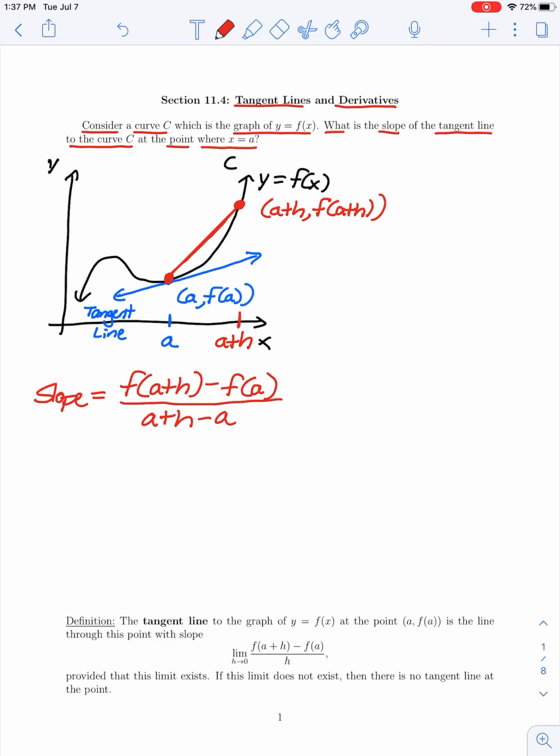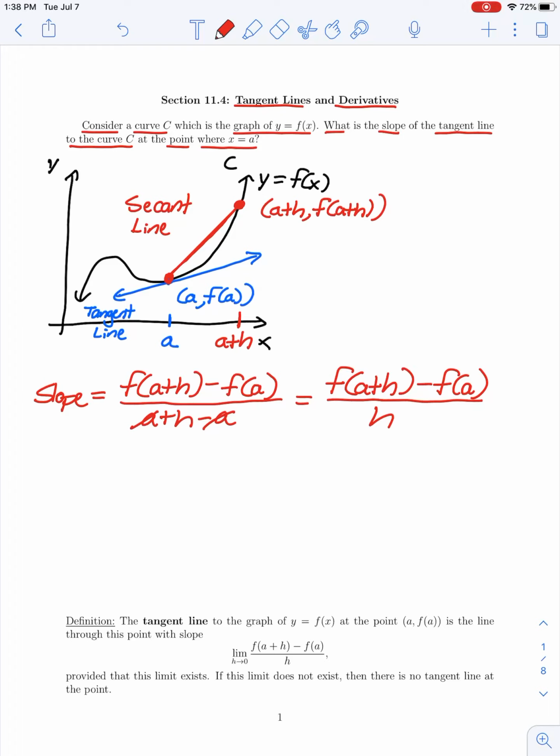So in our denominator, we see, well, this a and minus a term cancel, and we're left with f of a plus h minus f of a over h. So this red line, which represents an average rate of change of the function from a to a plus h, is sometimes called a secant line. And the slope of our secant line, we found, is given by this difference quotient, f of a plus h minus f of a all over h.